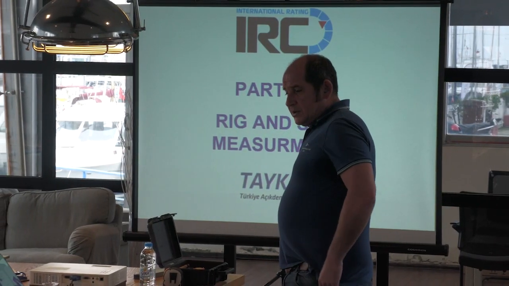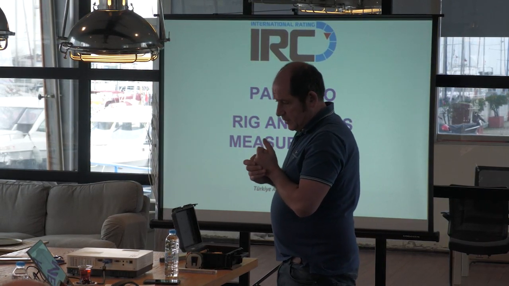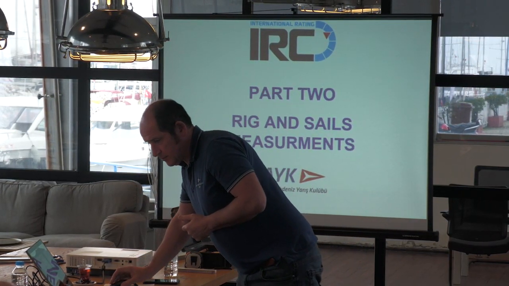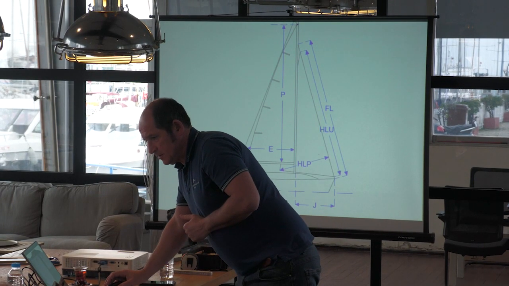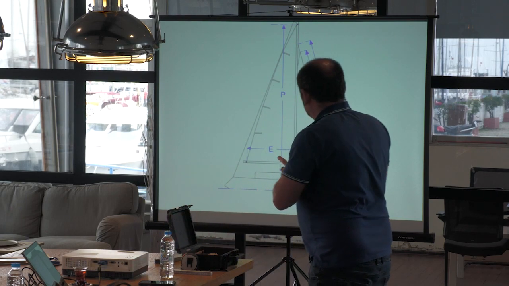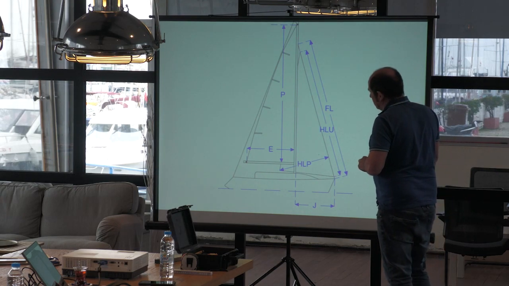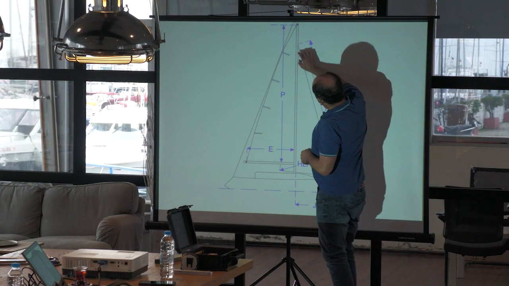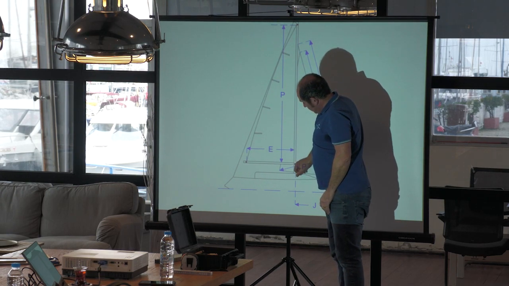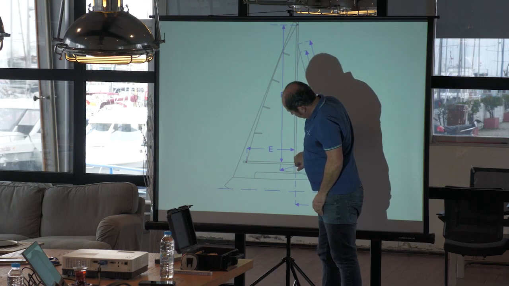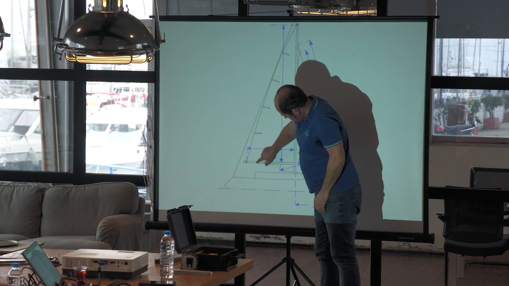Now, going to see the second part of the measurement, the rig and sails measurement. When we say rig measurement, this is not only rig, but also the sails measurement. Rig measurement is the P, from the black mark here to the boom. The E, from the rear part of the mast to the inside of the mast at the end of the groove.